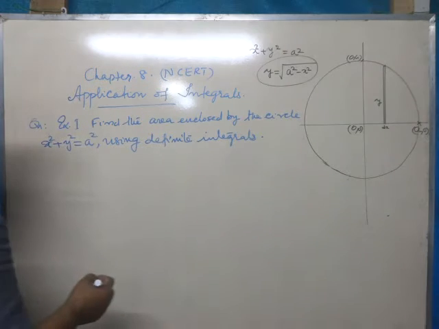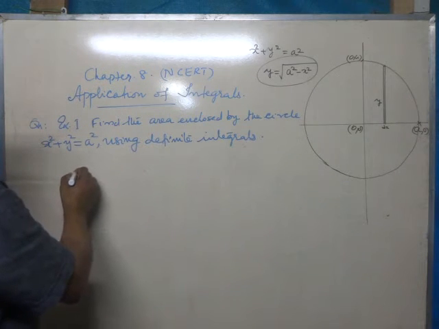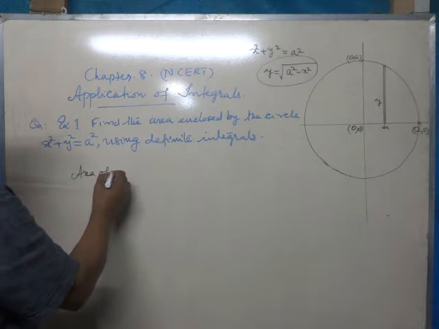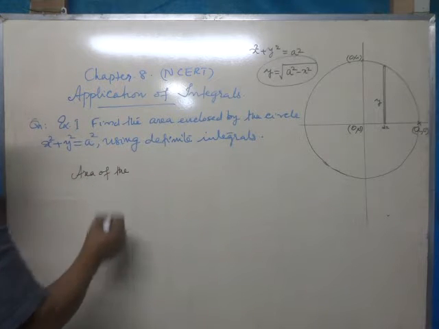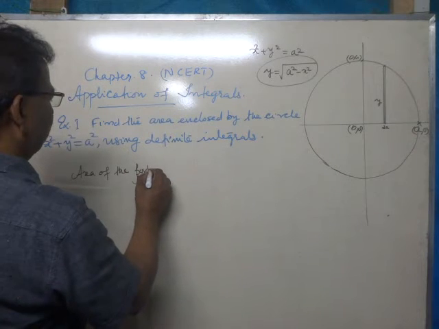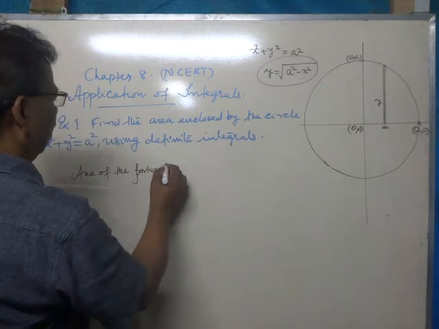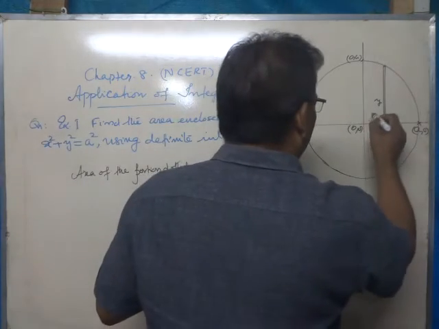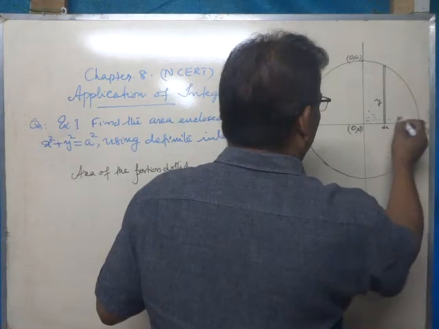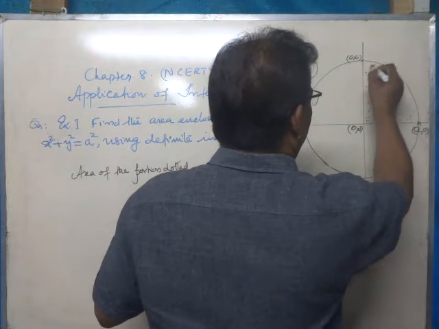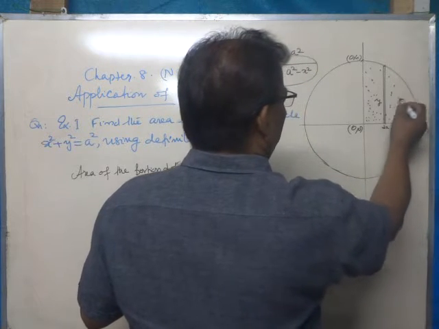Now, the area of the portion dotted, we can dot one-fourth of that circle.